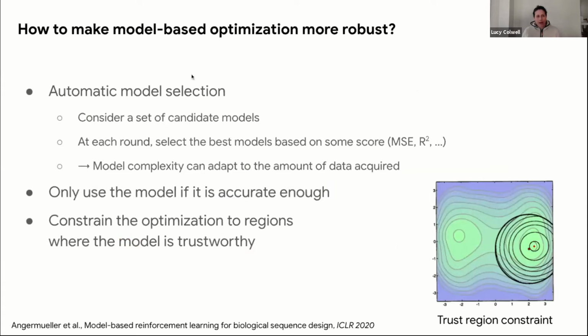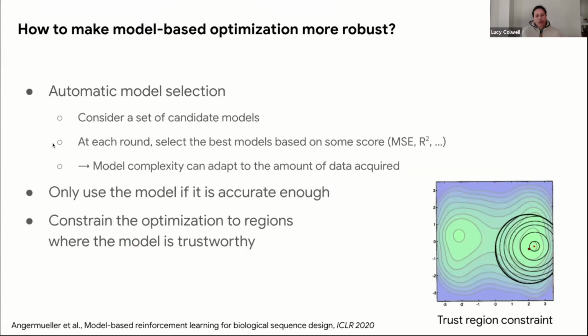We really wanted to figure out how to make this model-based optimization approach more robust. We found that sometimes it did well, sometimes it did badly, even for our in silico problems. And we found a few ways of making it more robust, in particular using automatic model selection. So we could train lots and lots of models. It's cheap, this is in a computer, and compare them all against each other for every problem that we were working on.